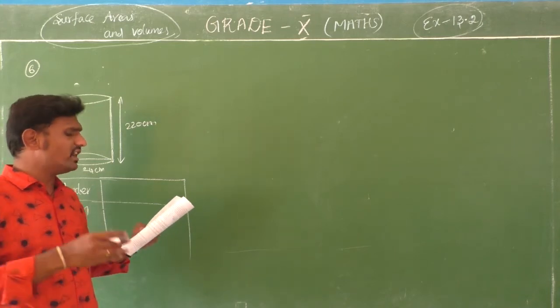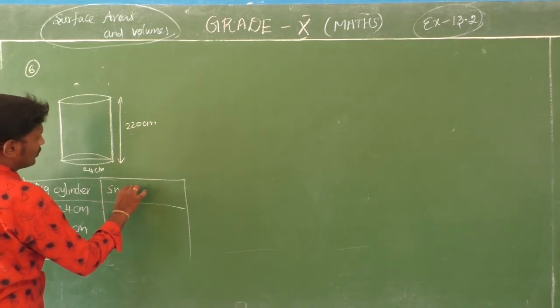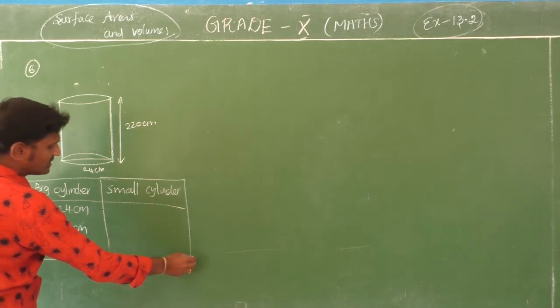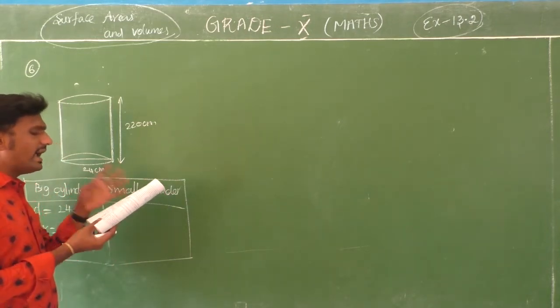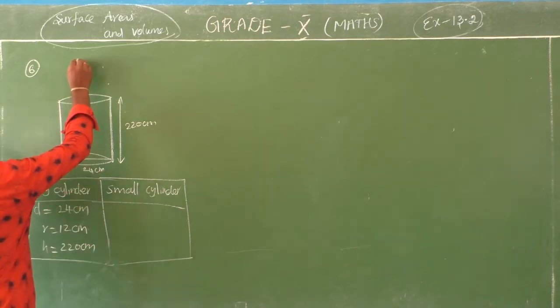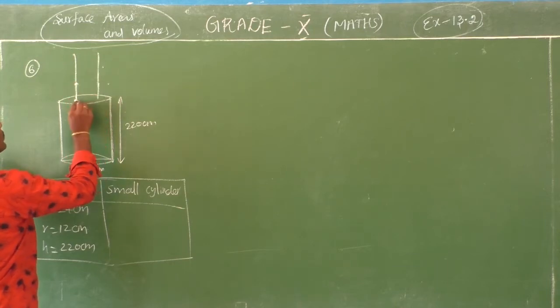It is surmounted by another cylinder, that is the small cylinder. Compare the measurements, then you can analyze which one is small and which one is big. Another cylinder of height 60 cm and radius 8 cm.